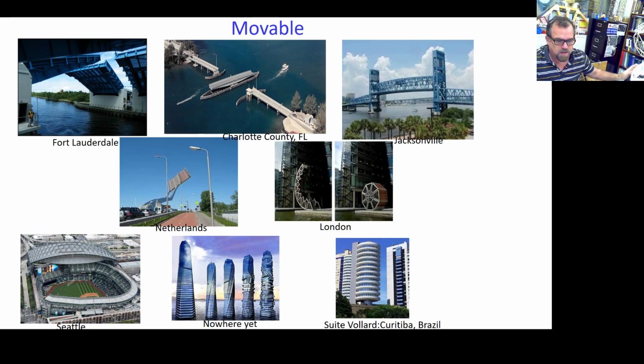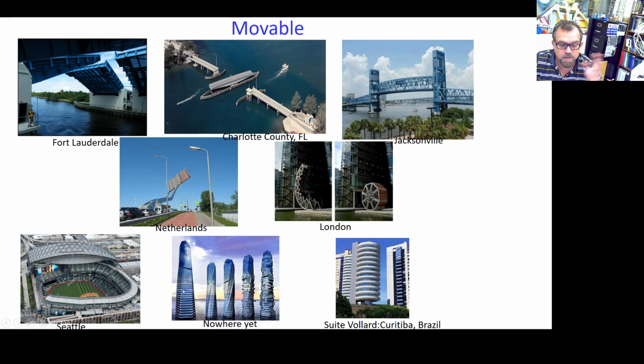What else? Then you have retractable structures, retractable roofs, truss roofs. You see? That can come in this way and this way. This is in Seattle. And then you have moving architecture like this, dynamic architecture. This is located nowhere yet. This is from Fisher.